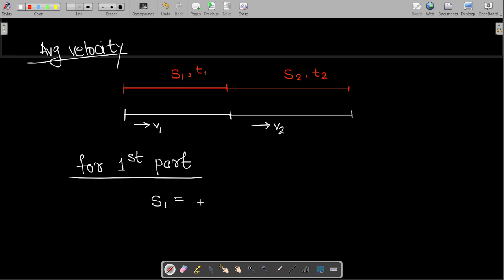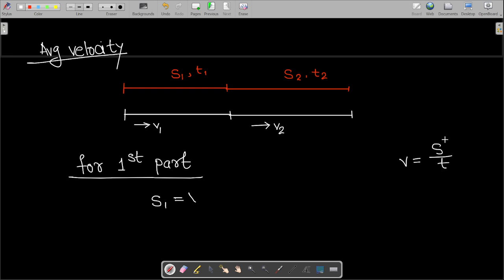See, a few minutes ago, I told you velocity is nothing but the rate of change of displacement.